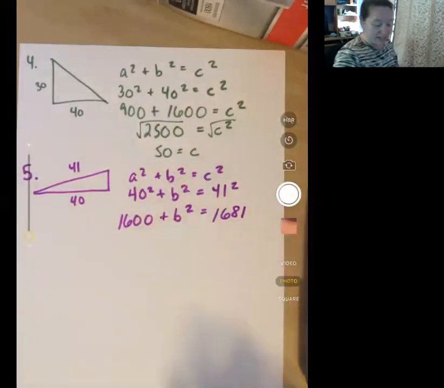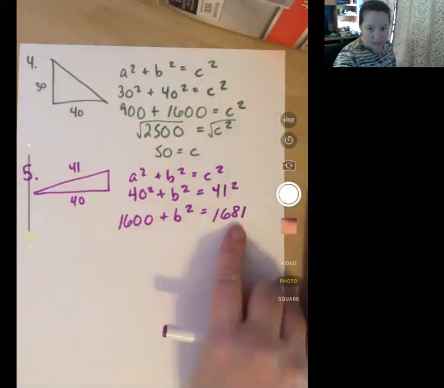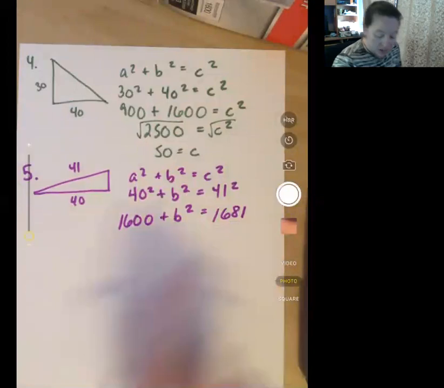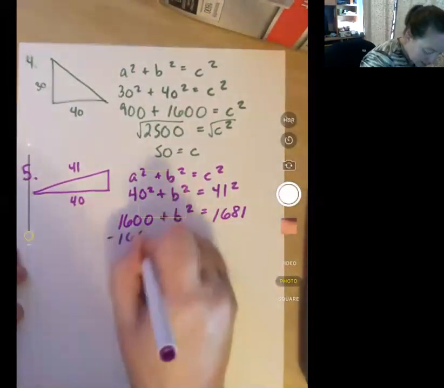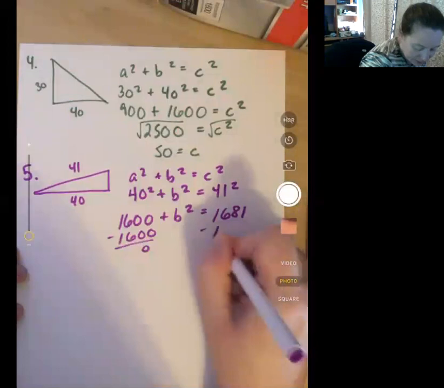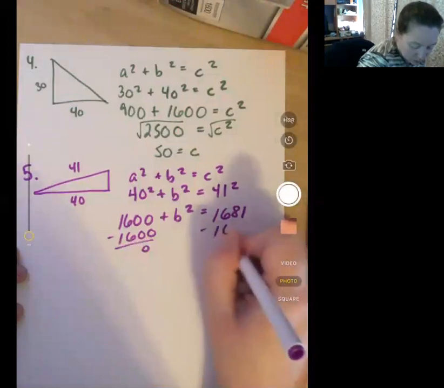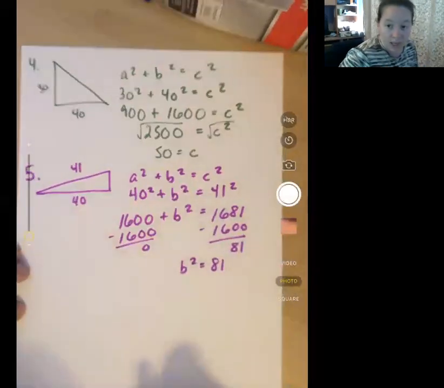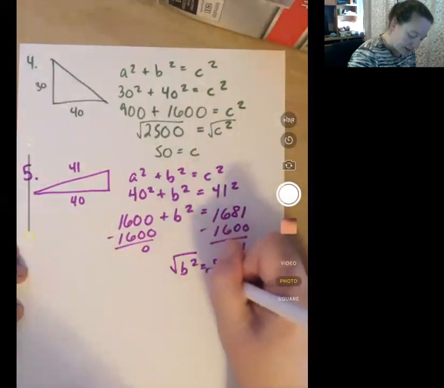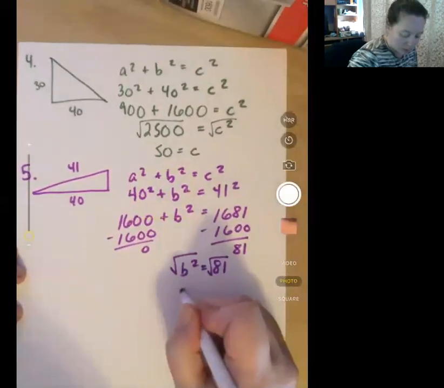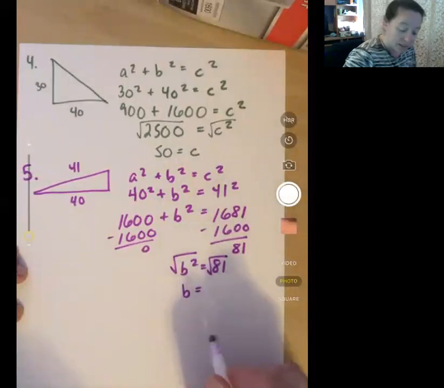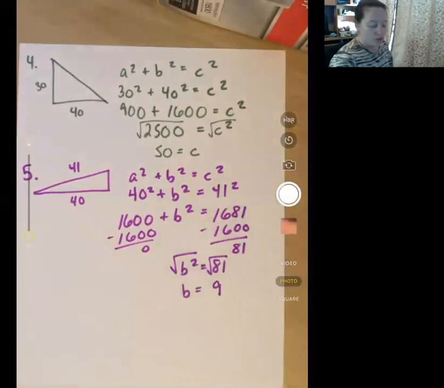In order to get that 1600 on the same side as the 1681, I have to subtract 1600 minus 1600, which leaves me with 81. B squared is equal to 81. I can take the square root of both sides, which leaves me with B is equal to, what times what is 81? 9. So in that case, my B is equal to 9.